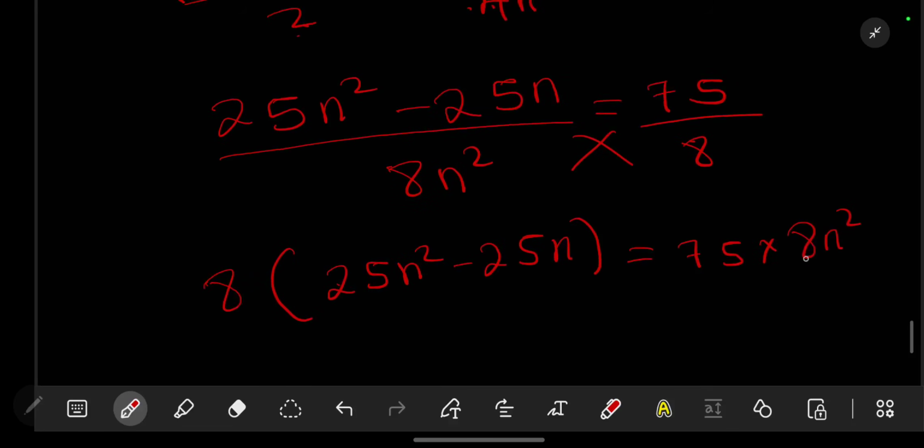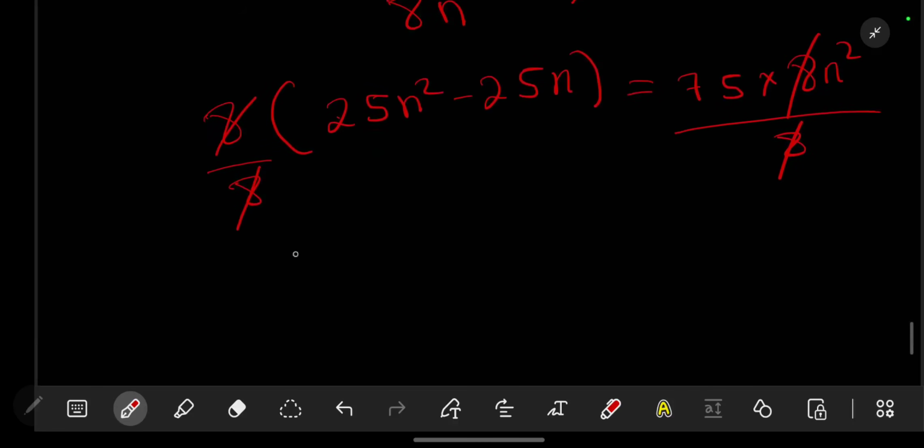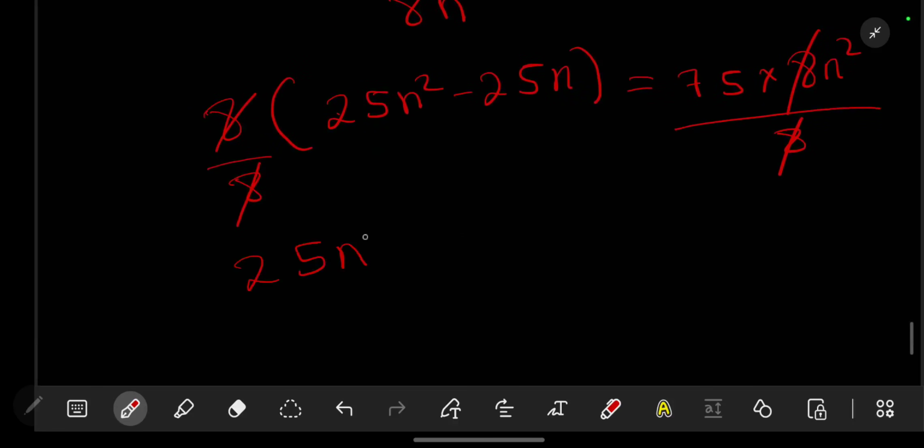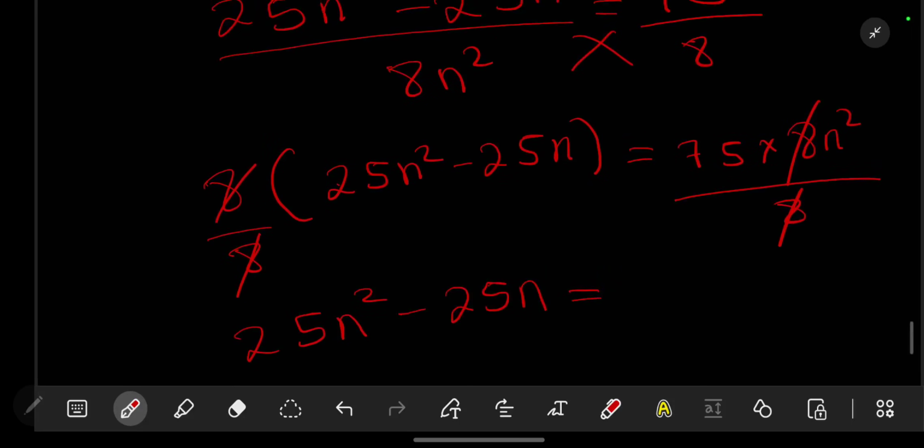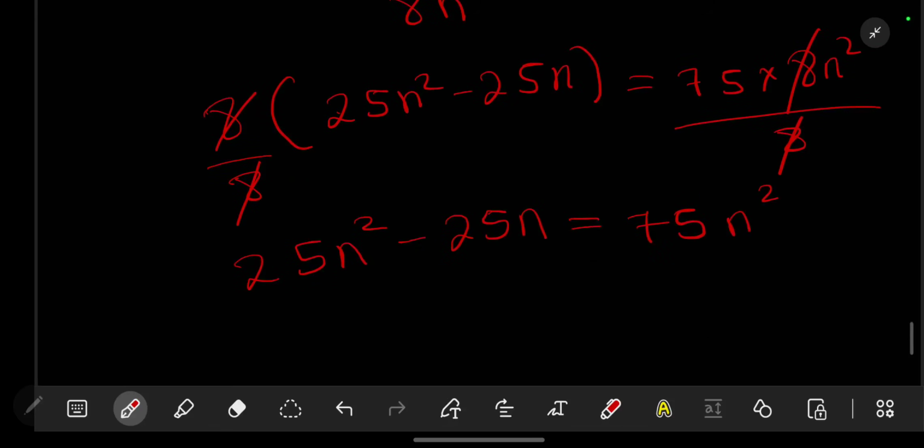So now remember this is 8, so we can divide our 8 on both sides so that we can simplify our equation, so that we have 25n squared minus 25n should be equal to 75 times n squared, so it will be 75n squared.